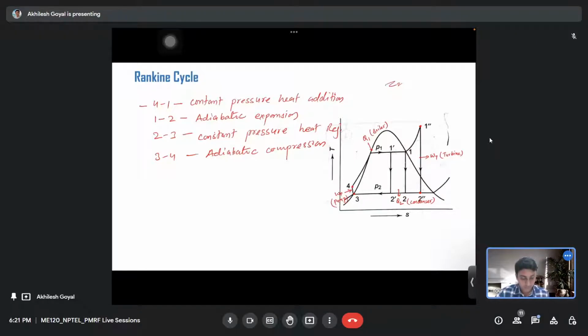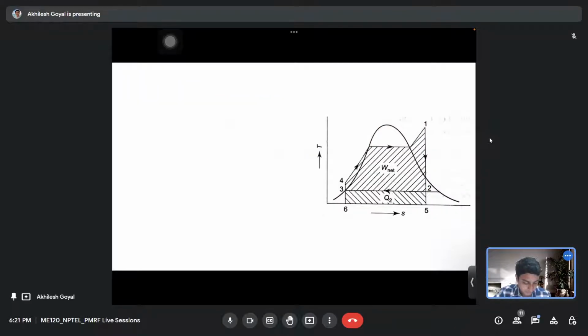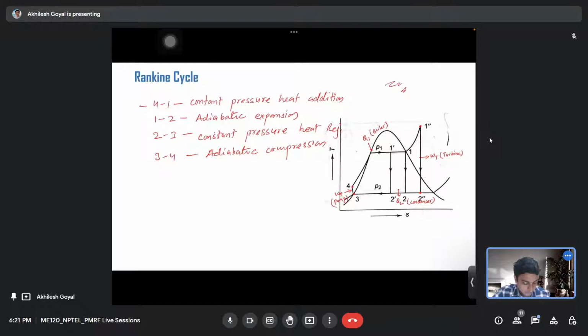These are constant pressure heat addition at the boiler, constant pressure heat rejection in the condenser, adiabatic expansion and adiabatic compression in the turbine and pump respectively. Okay, so this is a Rankine cycle.